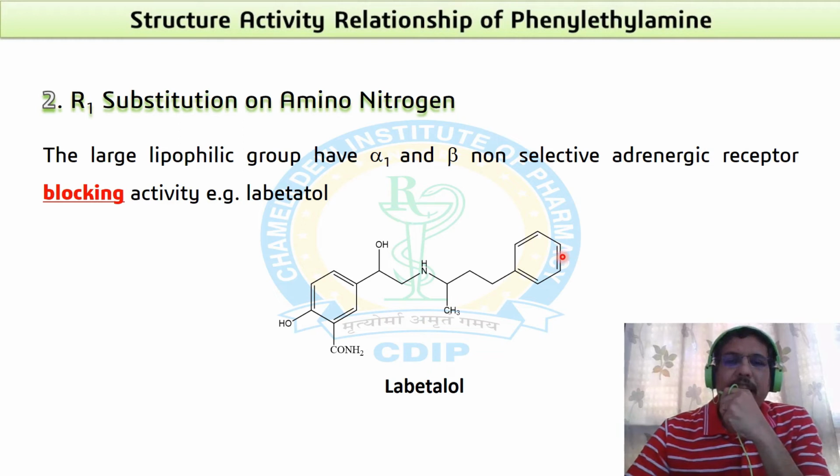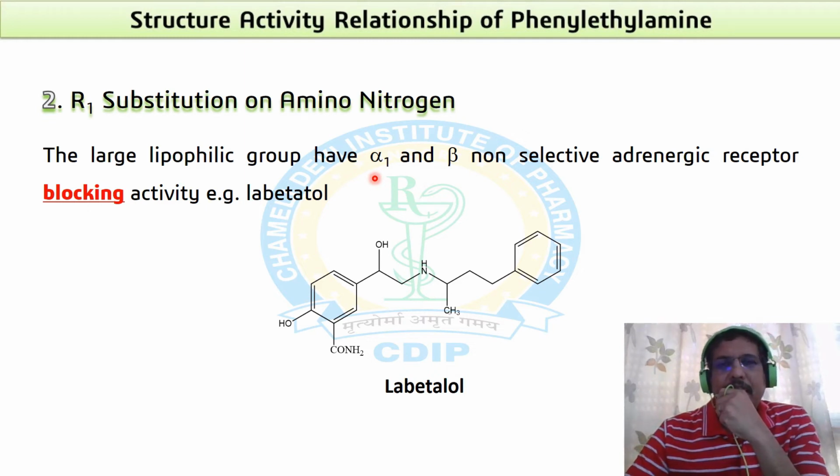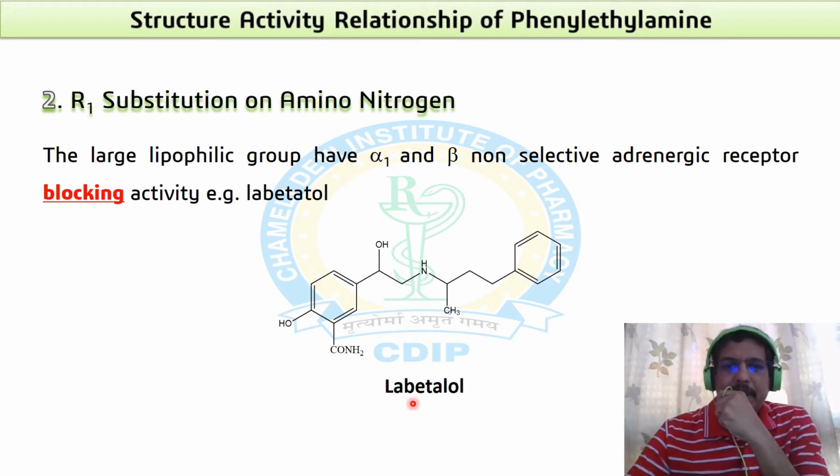Here it just blocks the activity, and in that condition it blocks both alpha 1 as well as beta, non-selective type of activity. That is labetalol, which is a non-selective adrenergic blocker.